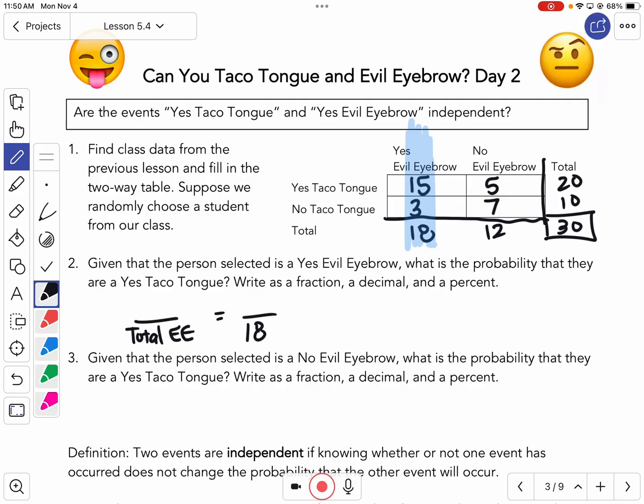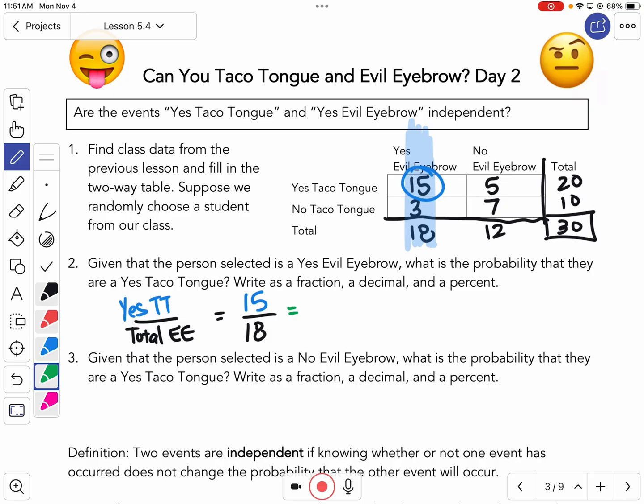And then out of that list, in my numerator, I want to choose the number that says they are also yes to the taco tongue. So how many were yes to the taco tongue? 15. So out of that list, I'm choosing those 15. If we wanted to write that as a decimal, what would we do?